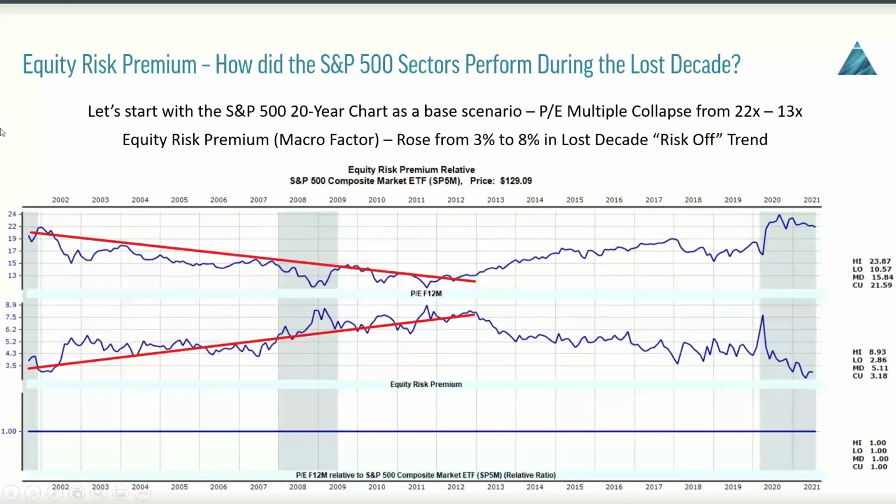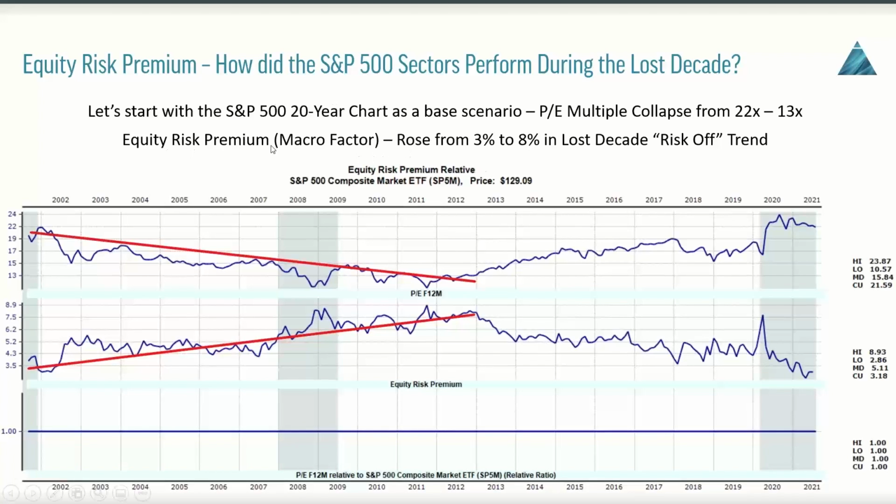So keep in mind that back here, this is again a 20-year chart. Back here in 2000 to 2002, the PE actually peaked at around 25. I'm using a 20-year chart here, so we just call it 22. That PE multiple of 22 to a collapse of 13, we're going to basically dissect that at the sector level.